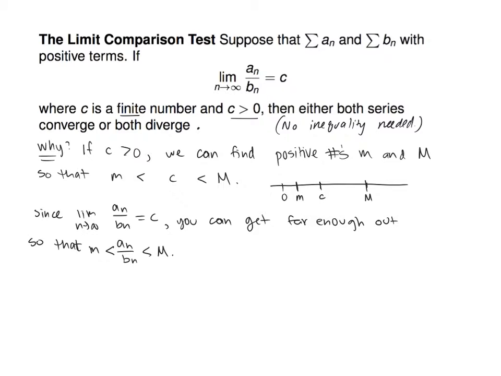So your limit of this ratio is going to that number c, right? Eventually, if you go to the 1,000th, 100th, millionth, whatever term, your a_n's over b_n's are close to c, right? And if they're close enough to c, they're also between m and M. This is if n is big enough, and we're going to call that big enough number capital N or something like that.